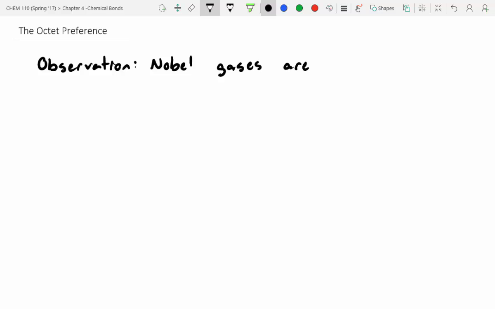So noble gases are inert. What does inert mean? Non-reactive. So inert means non-reactive. They kind of just sit there and stare at everything. And they have 8 paired electrons. So the key thing is that they have 8 electrons. Because they've got a filled valence shell, they're very happy and stable.